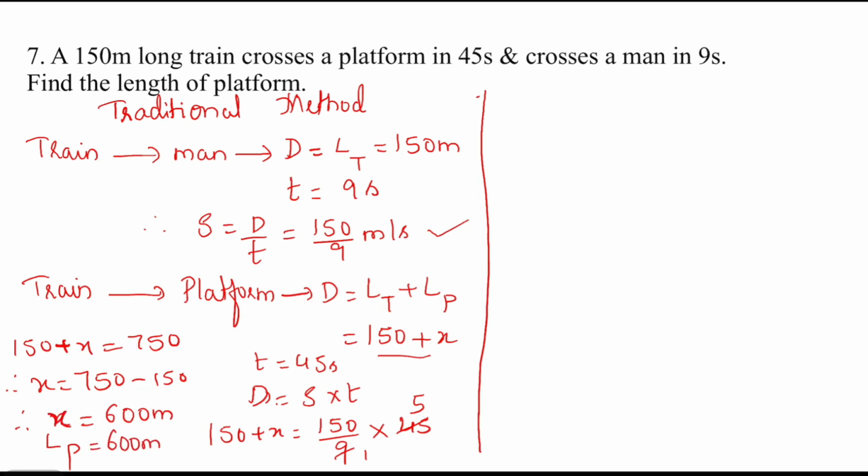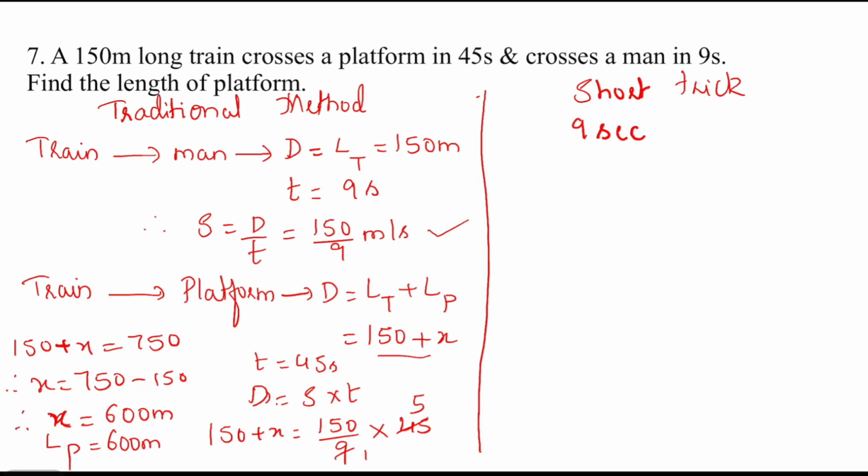So this was the traditional method. Now let us see the short trick for this. We know that the train is taking 9 seconds to cross a man.